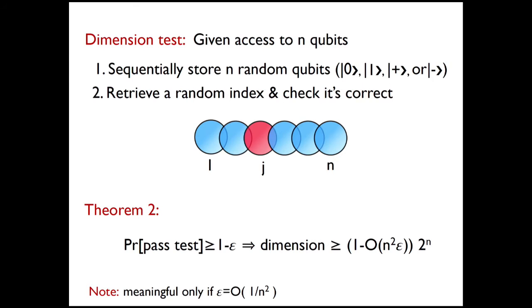Our theorem proves that if you can pass this test with high probability, then the underlying system must have dimension at least 2 to the n times a factor. Our test is pretty simple, but unfortunately it's sensitive to noise, which means you must have precise control of the Pauli X and Z operators.